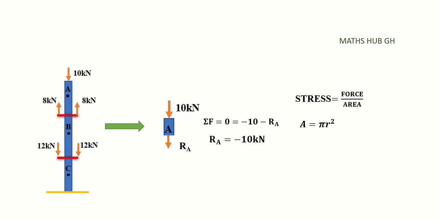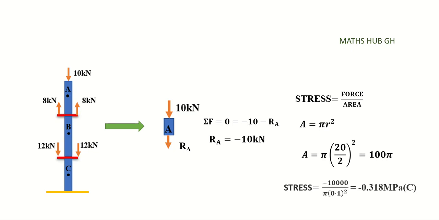The area is pi r squared, and we divide the diameter by 2 to get the radius, and then do the substitution to get our area, which will be 100 pi. We can now calculate the stress, which is the force over the area. The force will be 10 kilonewton, which is the same as 10,000, but don't forget it is negative. And the area will be pi multiplying 0.1 squared.